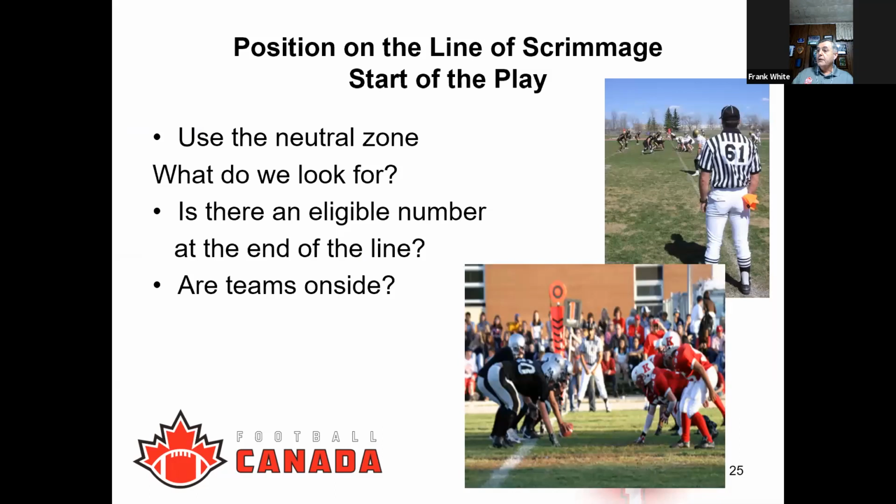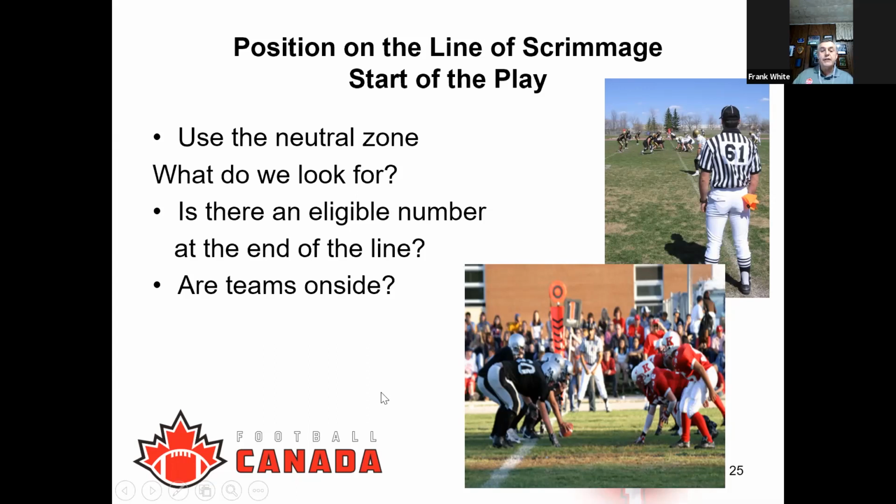Okay, here you have the positioning on the field. You position yourself on the field to use the neutral zone, and what we recommend is that you put one leg on the line of scrimmage and then straddle it, as you can see in the bottom picture, with the official with his legs reasonably wide apart.